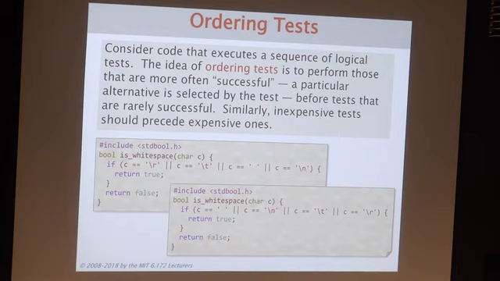Next, the new line character I have as the second test because these are also pretty frequent. You have a new line for every new line in your text. And then less frequent is the tab character. And finally, the carriage return character isn't that frequently used nowadays. So now with this ordering, the most frequently successful tests are going to appear first.